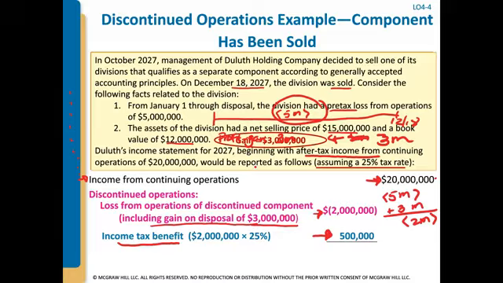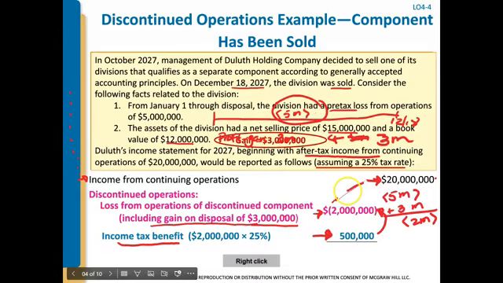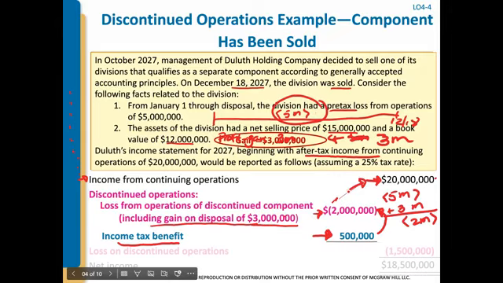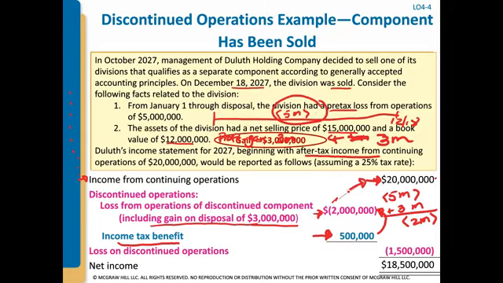This is a benefit because now we have a loss, so we're going to pay less in taxes because we get to offset our $20 million by that $2 million. Instead of paying tax on $20 million, we pay tax on $18 million. So that's why this is an income tax benefit. You have your $2 million loss on discontinued operations, plus a $500,000 benefit, to get you to a net income of $18.5 million.